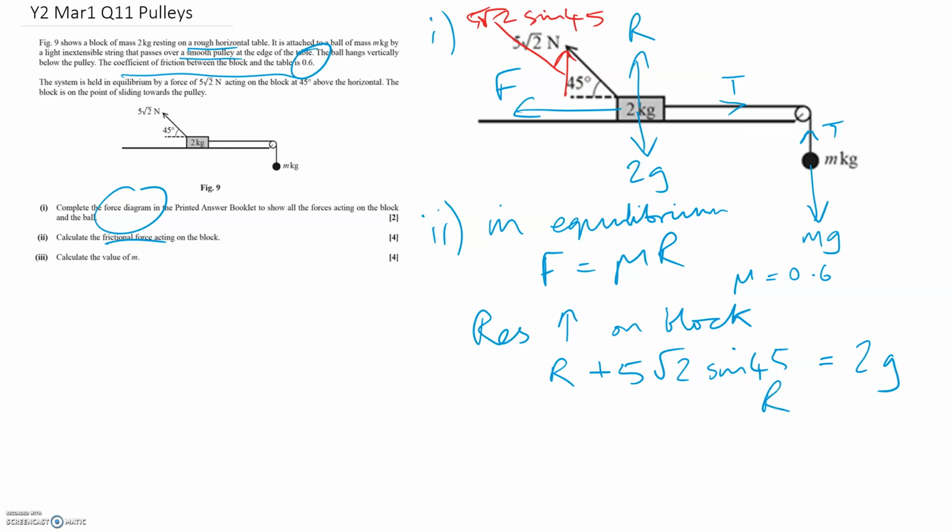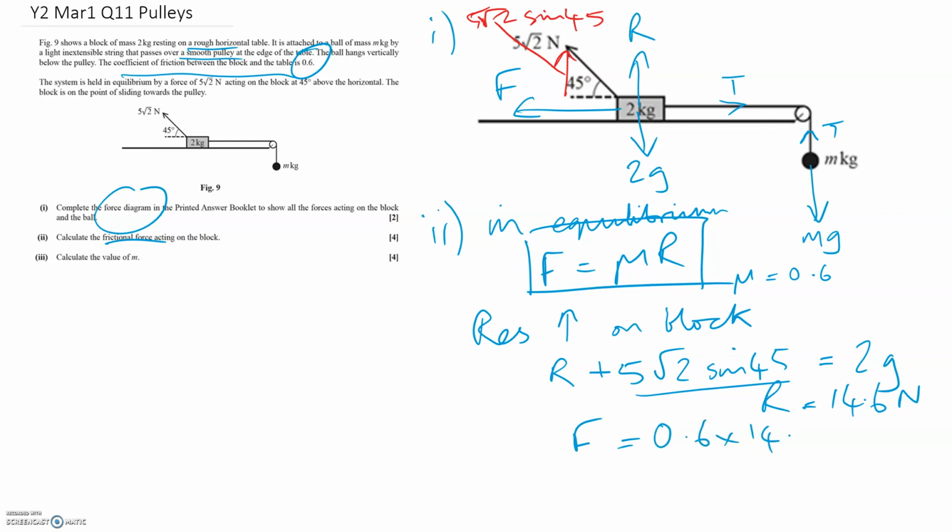If we do 2g minus this, we'll get the value of R, which should be 14.6 newtons. Then, as we've discussed, we can use F equals mu R, so F equals 0.6 times R, and that will give us a frictional force of 8.76 newtons.